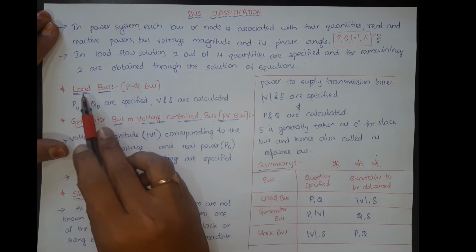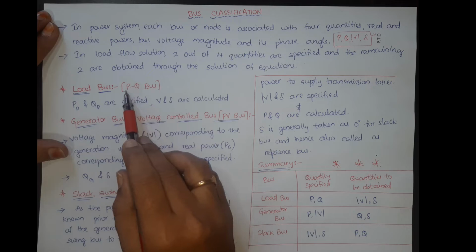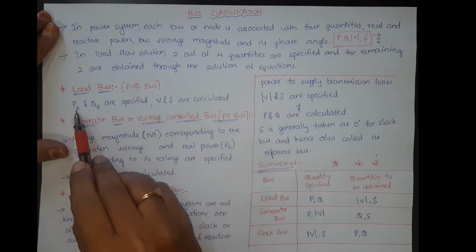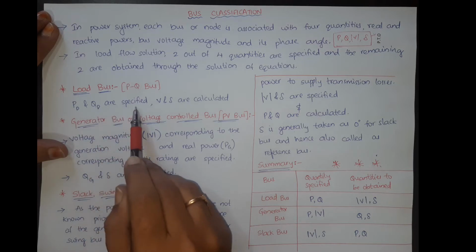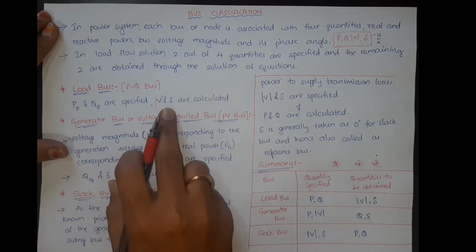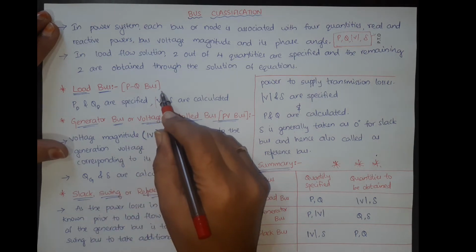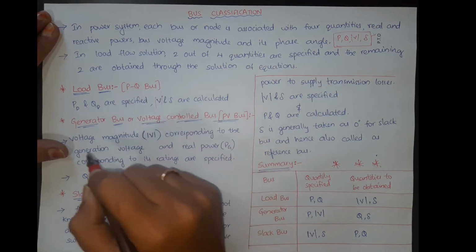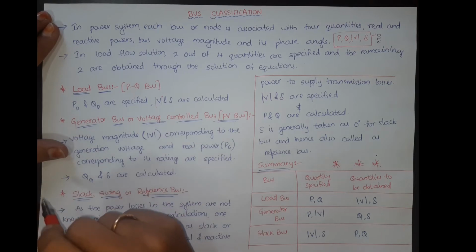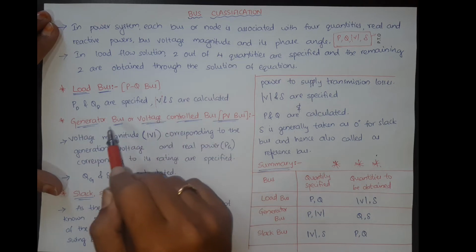So load bus, that means at a load bus it is, see, P and Q, what is the real and reactive power at this bus, that will be specified, and what is the voltage magnitude and delta, these are to be calculated. However, this voltage must be within certain limits specified by the loads, or otherwise the system will lose its synchronism.